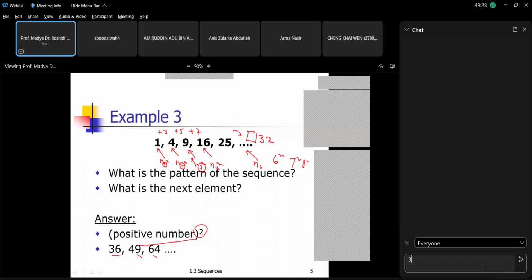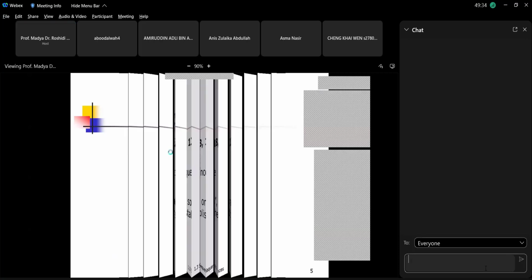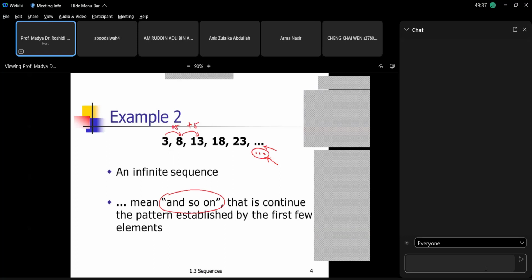So based on example 2 and example 3, there are two types of sequential. First, based on the terms, we call this term. What is the relationship between this term and the previous term and the next term? This is the first pattern of the sequential.